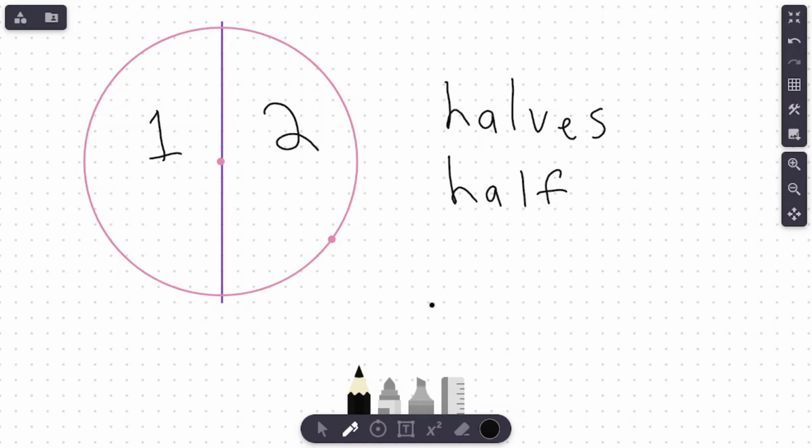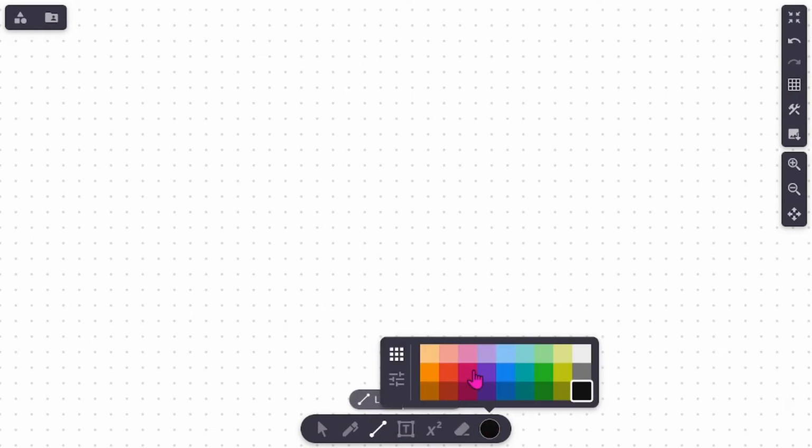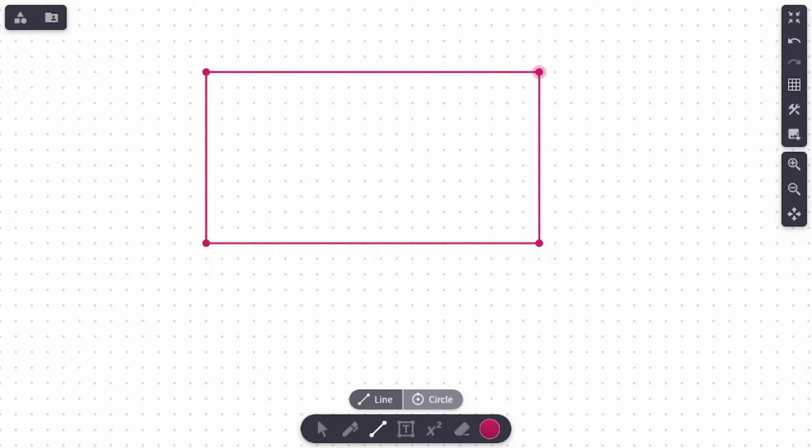Now let me show you another example here. This time I'm going to put a rectangle up here. Let's get a rectangle drawn, and I'm going to break it up into some sections for you.